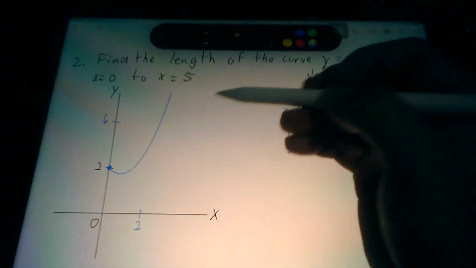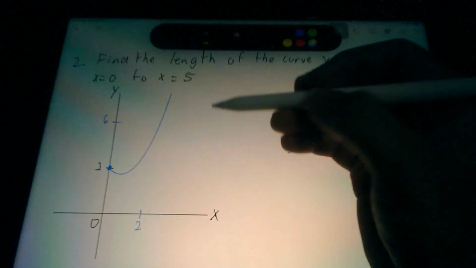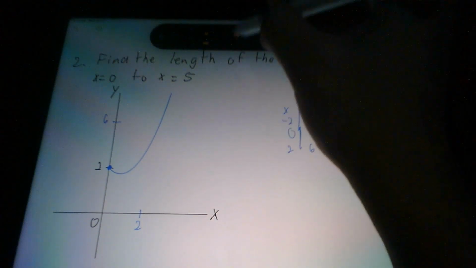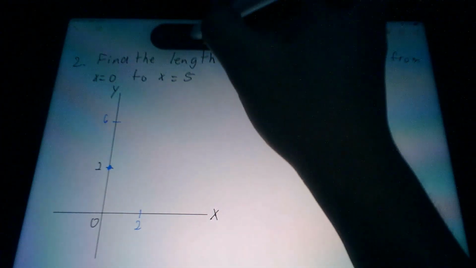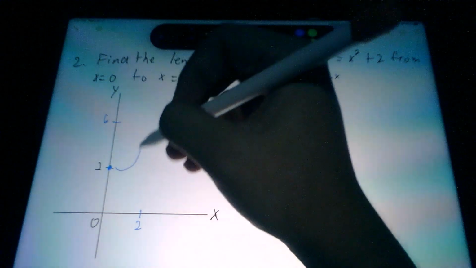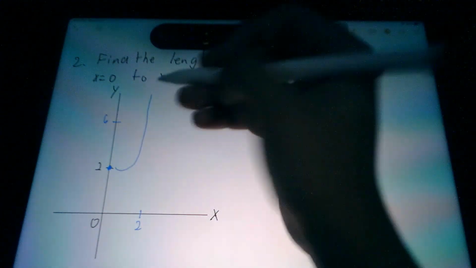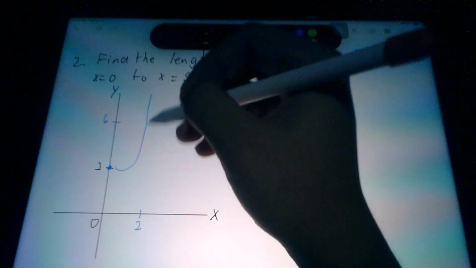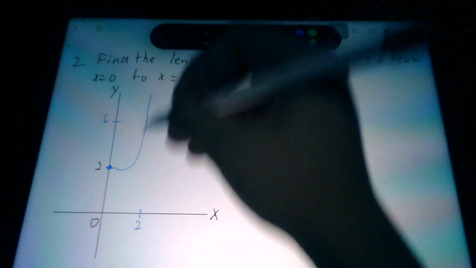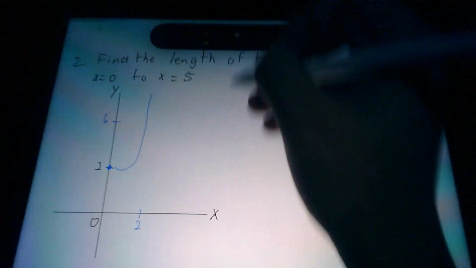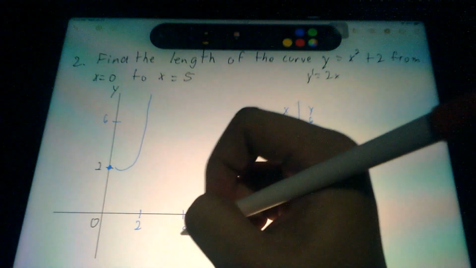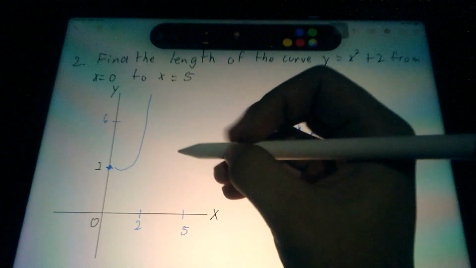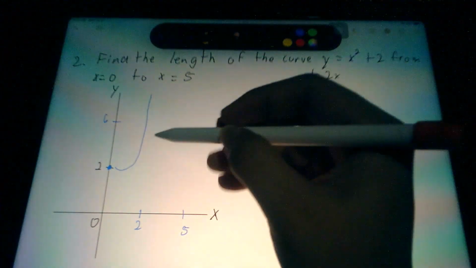Our parabola should look like this. Oh no, it's not straight. It should look like this. Okay, so bounded from x equals to 5 from this point.